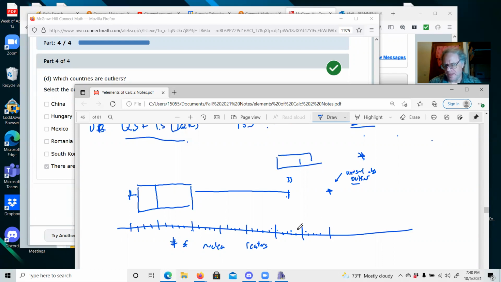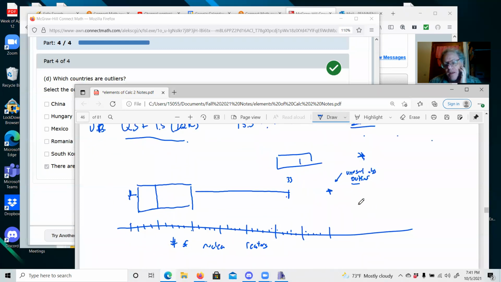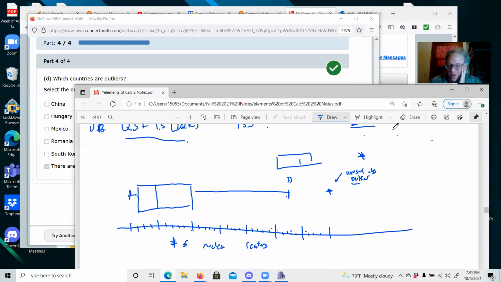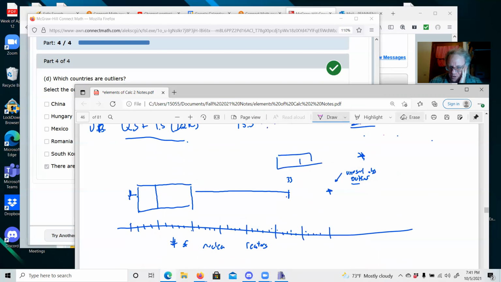So I try to use the word unusual observation rather than outlier to keep people from wanting to do that. But there we go. We don't have this one, so this isn't real. Let's make it unicorn colored so we know it's not real.